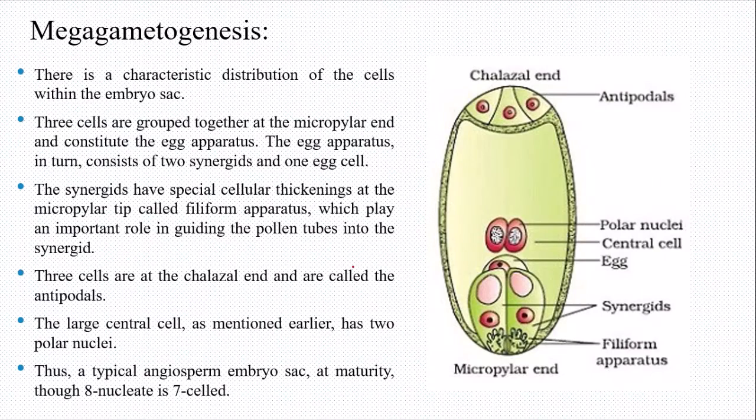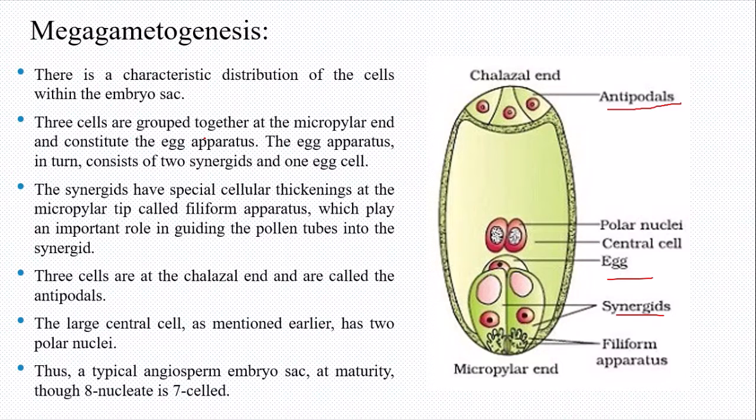These cells form special kinds of structures. At the chalazal end these three cells constitute the antipodal cells, while at the micropylar end, among the three cells, two develop as synergids and one develops as the female gamete, that is the egg.